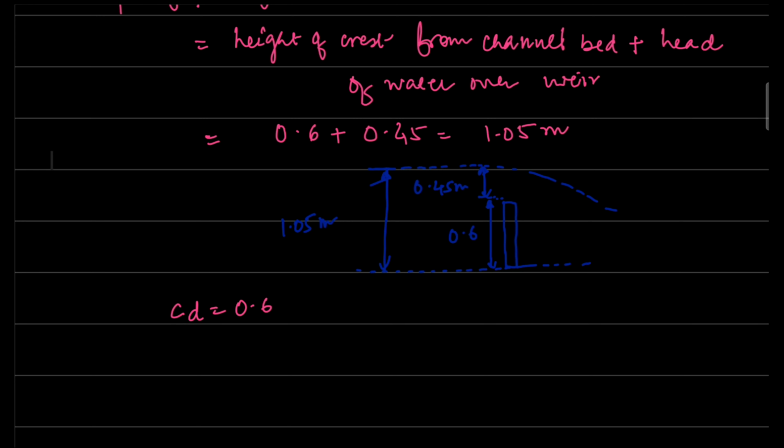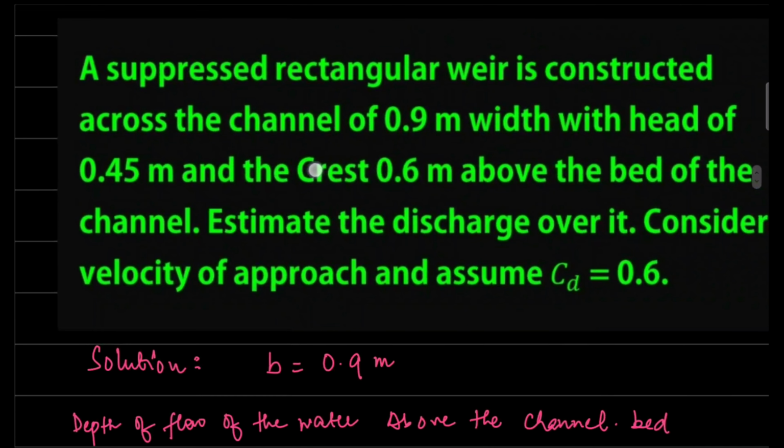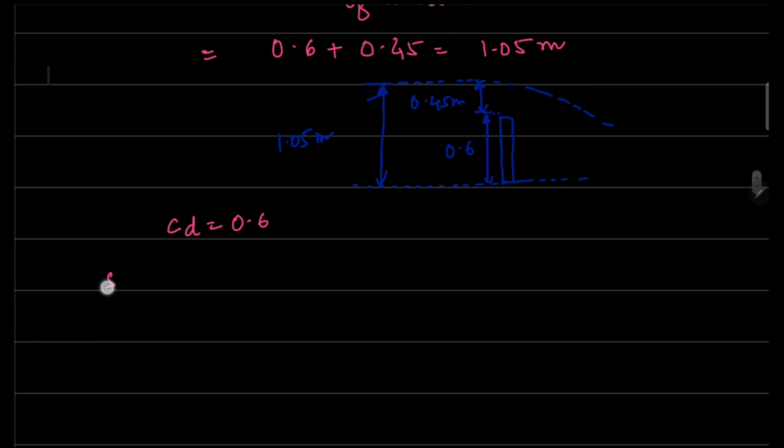There is a very special adjective written with the weir in this particular problem, that is the suppressed weir. The meaning of a suppressed weir is that whenever we are talking about any suppressed weir, there is no end contraction. So we can say that there are no end contractions.